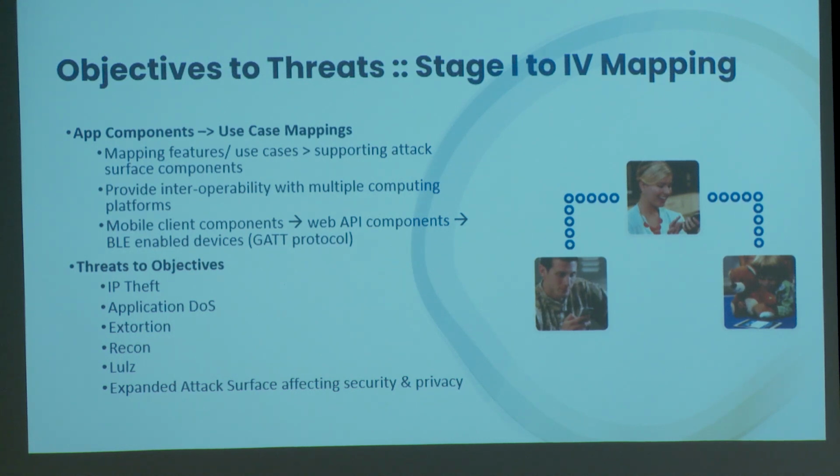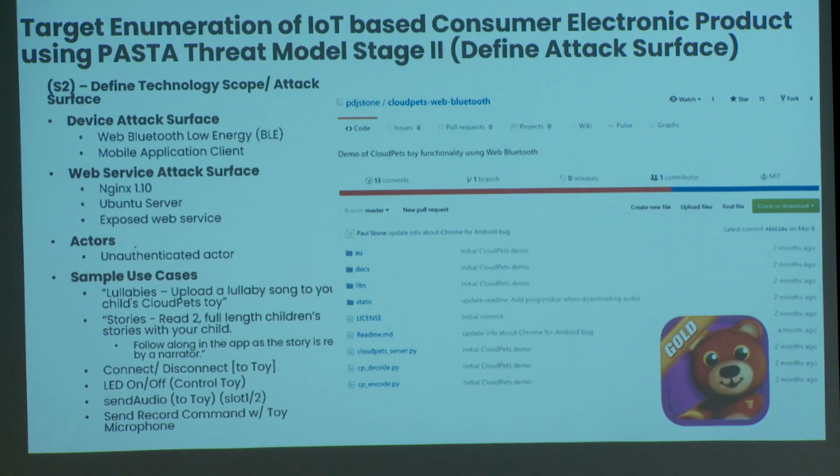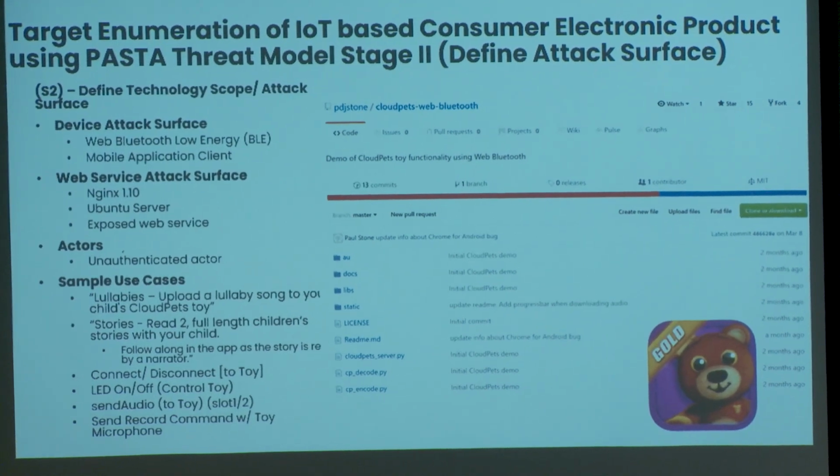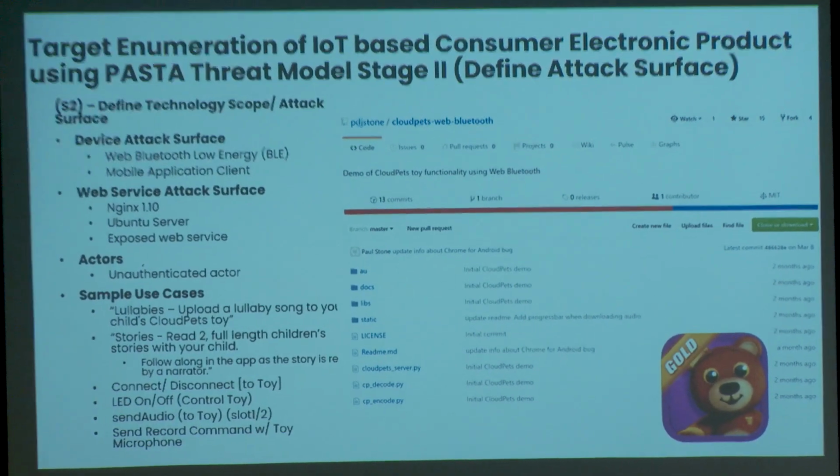So it's an opportunity to map threats to objectives, right? In PASTA, we identified those objectives in stage one. Now, I did say that this is a real-life case scenario, so this was actually a breach. It was an incident here.